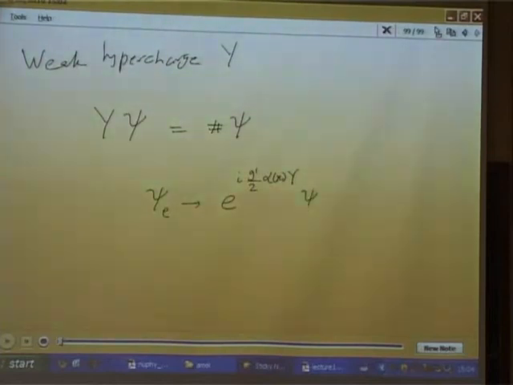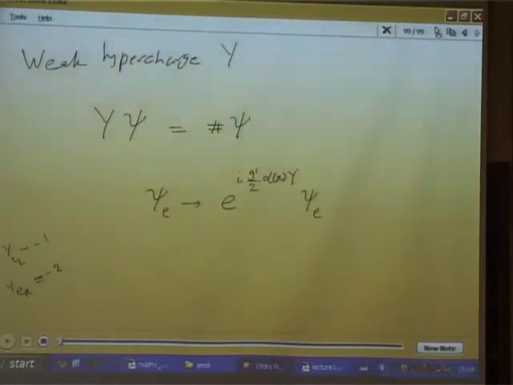This is the way I need my electron to transform. The Y of E_L is minus 1. Y of E_R happens to be minus 2.